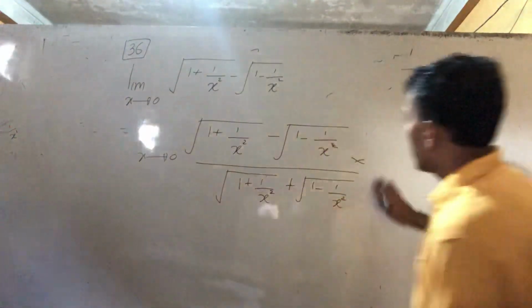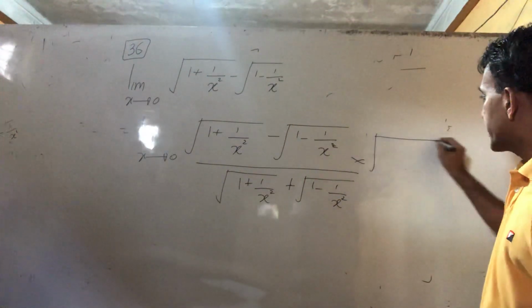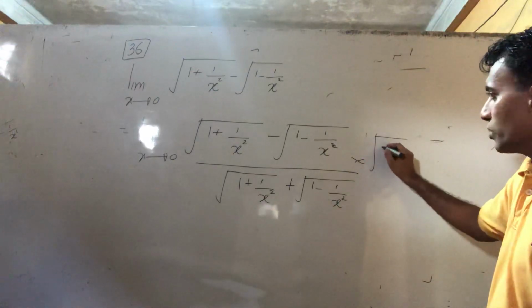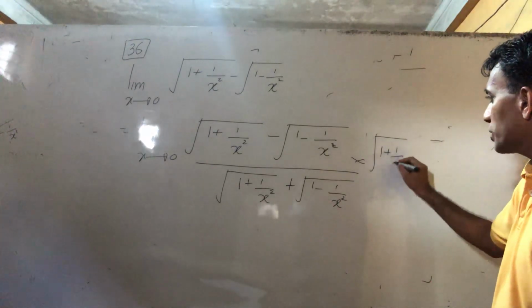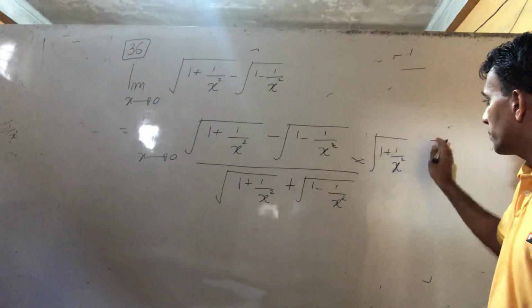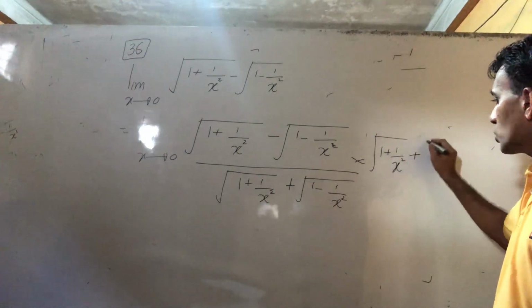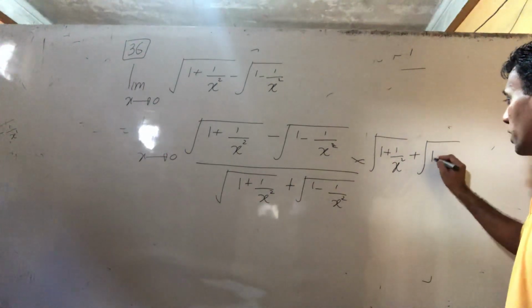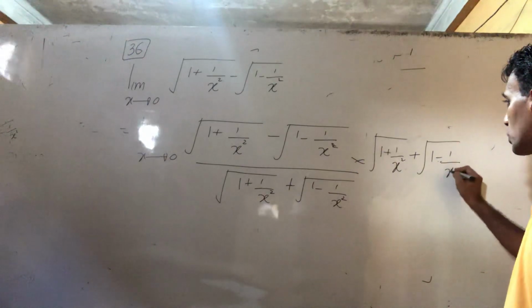You multiply above and below by that conjugate.